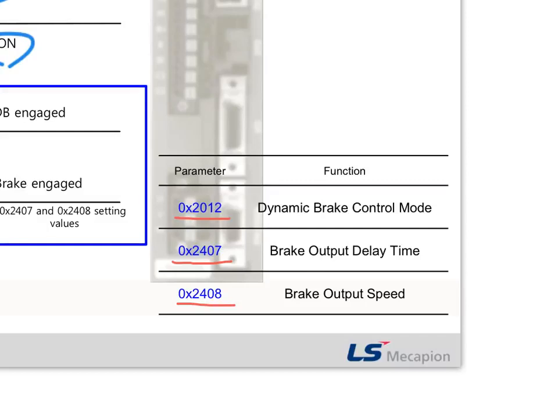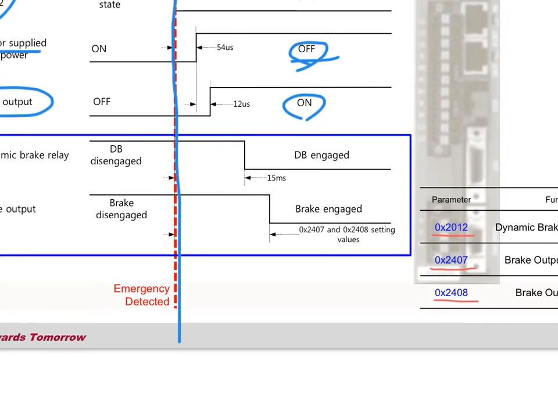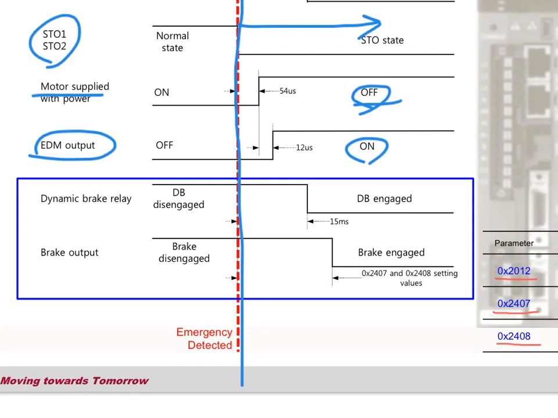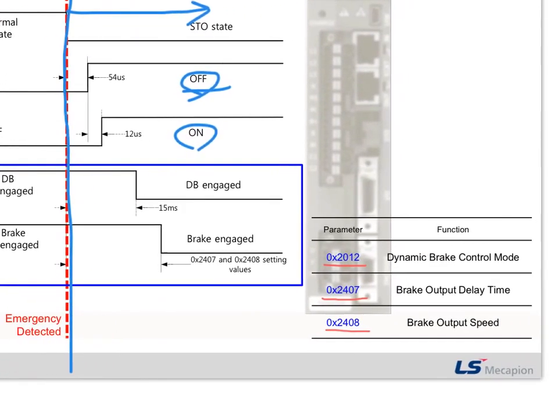So you can find the detailed information for them in the product manual. And after the EDM output is generated, the dynamic brake is engaged, and the brake operates by setting the parameters like here.